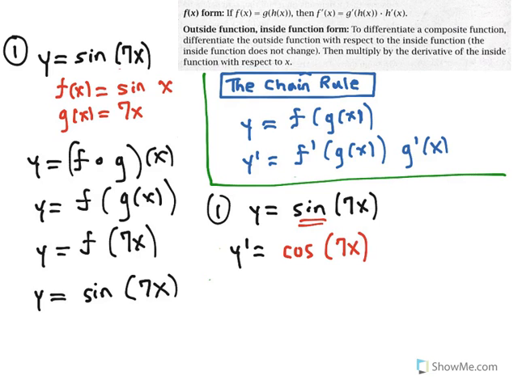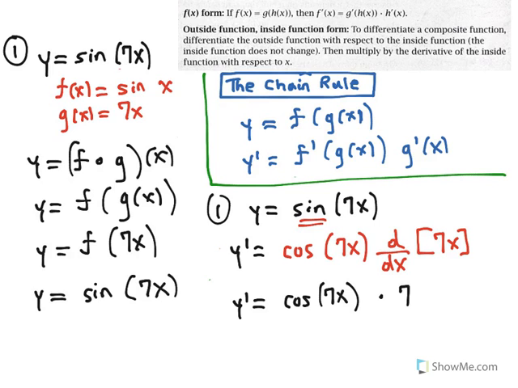We evaluate the derivative of the outside function at the inside function, and then we multiply by the derivative with respect to x of the inside function. So y prime is equal to cosine of 7x multiplied by the derivative of the inside function, which is of course just 7. Now we prefer to write this as 7 times cosine of 7x, and we're done. That's how you do number 1.